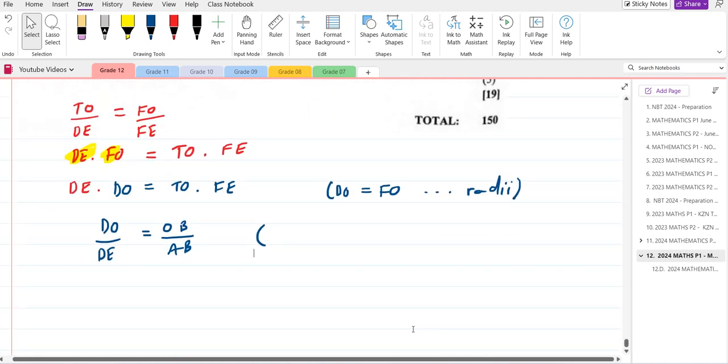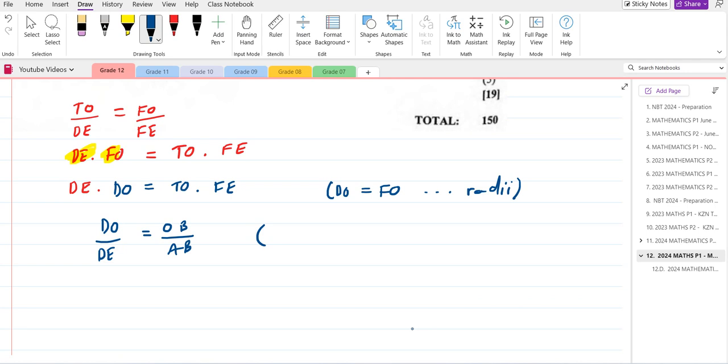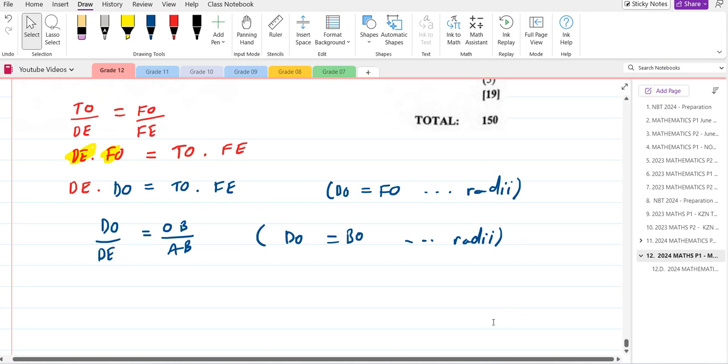But we know that DO is equal to BO, that's radii.